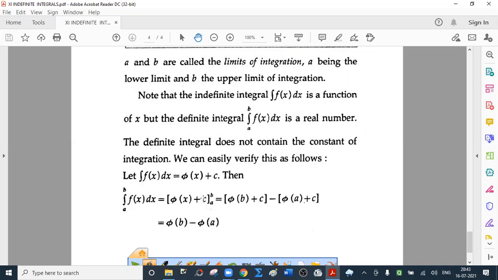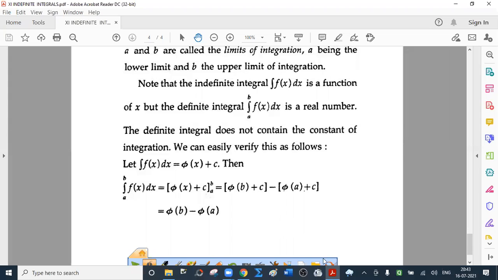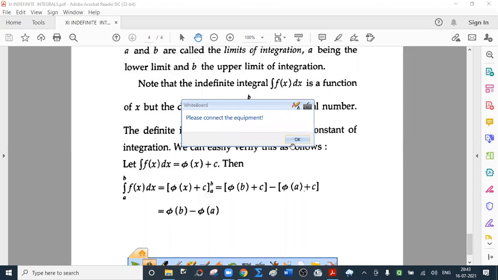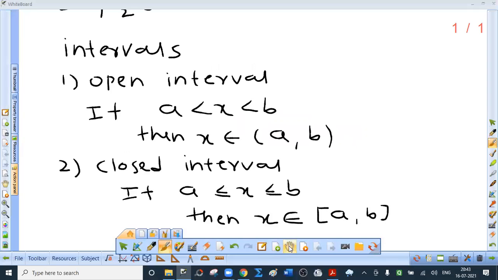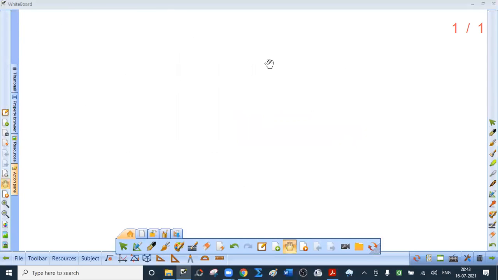Now don't ask me why c is as it is, because x is to be replaced by b. C doesn't contain x. Minus. Now replace x by the lower limit. Phi of a plus c. Open the bracket. C gets cancelled. That is why it is called a definite integral. Let me explain again. We will consider a particular example.